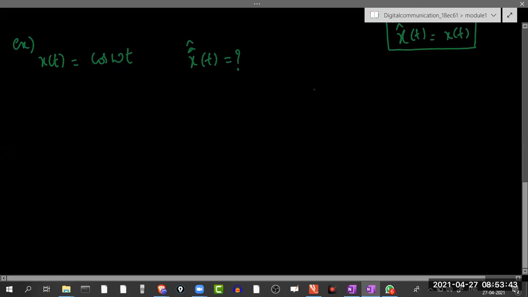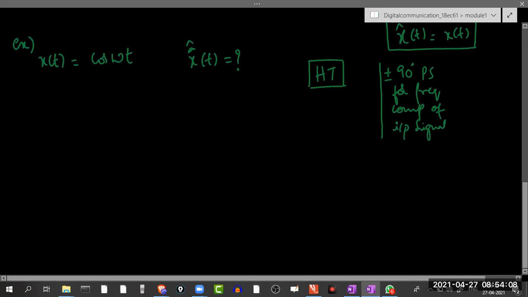So what should I do? We all know that the Hilbert transformer block brings in a plus or minus 90-degree phase shift for frequency components of the input signal.